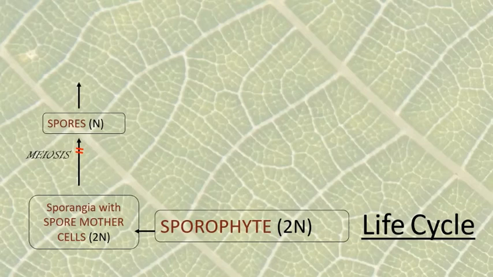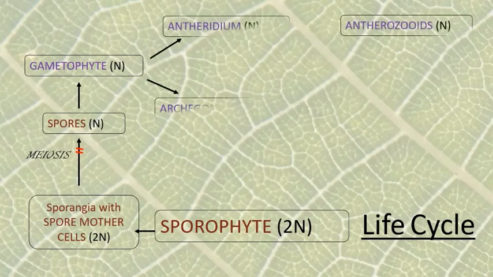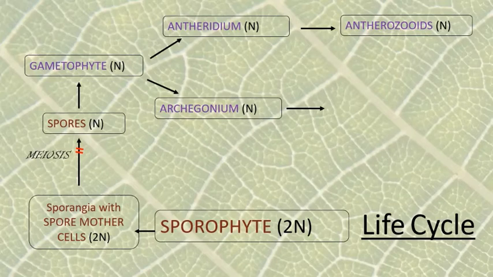Now these spores will germinate to form the gametophyte. So you can see that the spore is the first cell of the gametophytic phase, and this will form the gametophyte. Now gametophyte, as we just studied, has two parts, the antheridium and the archegonium. The antheridium bears the anthrozoids or the male gametes, and the archegonium bears the egg or the female gamete. Now all these are haploid.